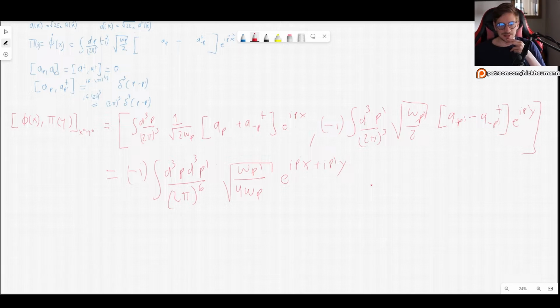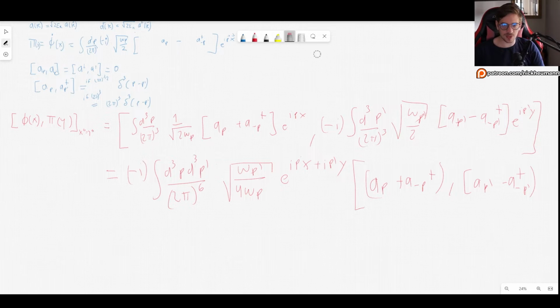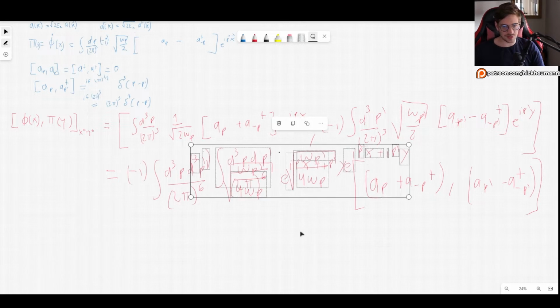Okay, so that's the way to write it. Okay, great. So now we have only the commutator left. So then we have (A_p plus A_{-p} dagger), comma, (A_{p'} minus A_{-p'} dagger). Maybe let's use these parentheses so that we don't get confused with the commutator. So like this and like that. Okay, so now let me copy this because I don't want to write it down again. So Control C, Control V.